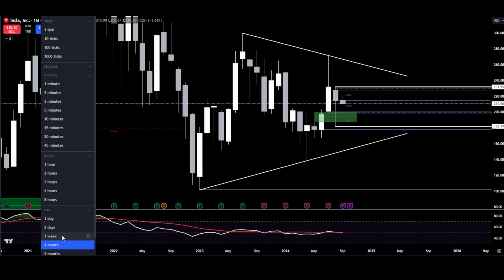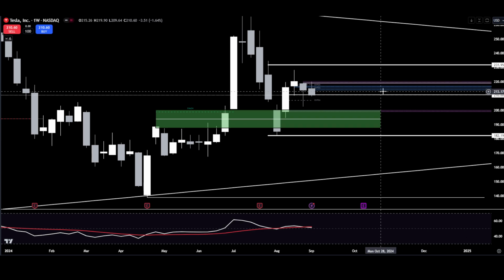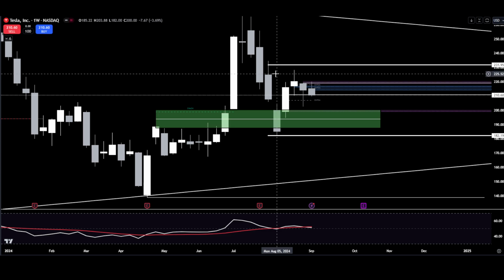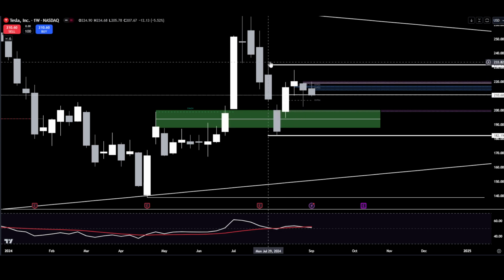We jump to the weekly chart. You can see the current week we're in. So we have the monthly high, which moves over to a new month, which is why this is lower than this high, because this high started at the end of July.